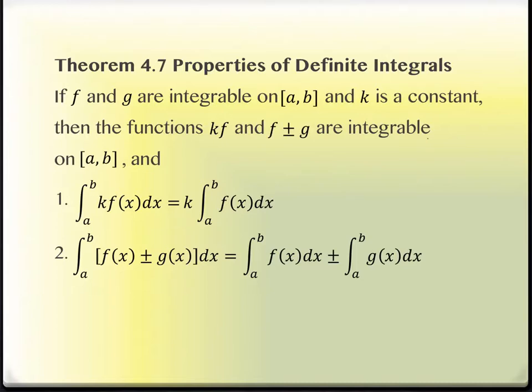And then if you have the sum and difference of antiderivatives of definite integrals, you also have the sum separated. And we encountered both of these facts when we looked at antiderivatives back in 4.1. We just didn't have the A and the B on the top and the bottom. We didn't have those limits of integration, but it works the same way.